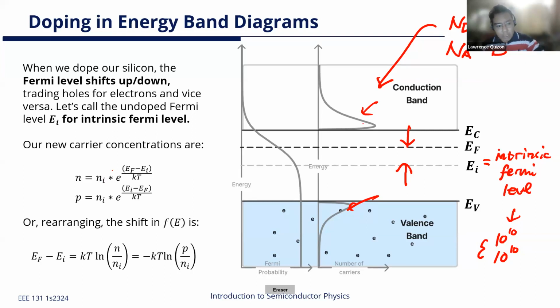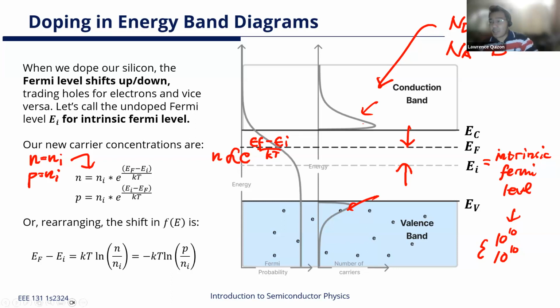Now remember, our carrier concentrations used to be N equals Ni and P equals Ni, 10 to the 10 for both. All we're adding is a correction term. We say the carrier concentration is exponentially proportional: N is proportional to e to the power of (EF minus EI) over kT.